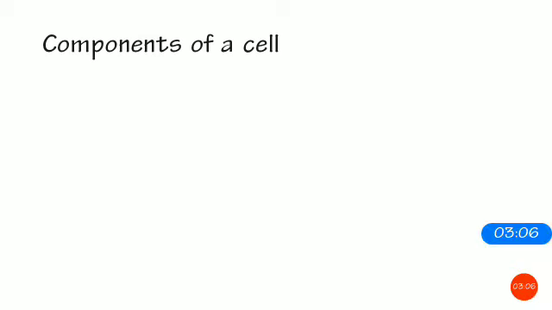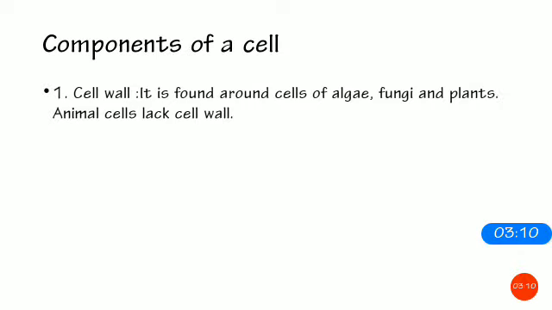All right, now let's start with the components of a cell. When we talk about components of the cell, that means a cell has something inside it, or parts of it. Number 1 is the cell wall. The cell wall is found around the cells of algae, fungi and plants, and animal cells lack a cell wall.